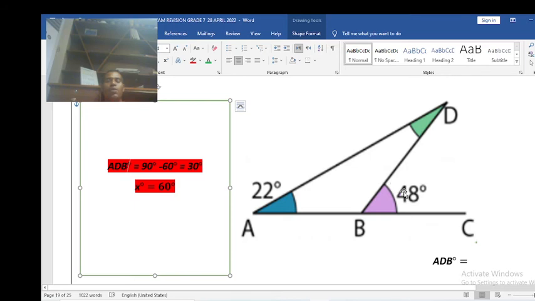This is 48, meaning 48 is equal to this plus this. So I will just write 48 minus 22 degrees. So 48 minus 22 degrees gives 26 degrees, and we answer this question.